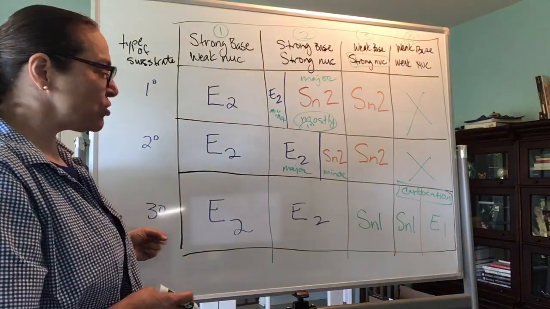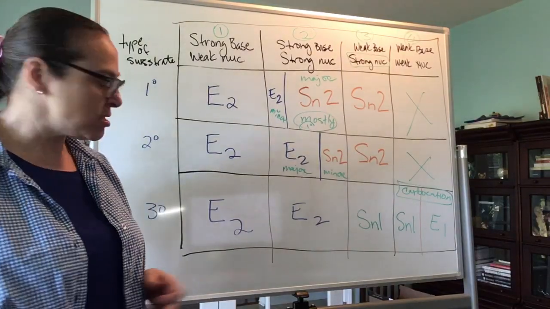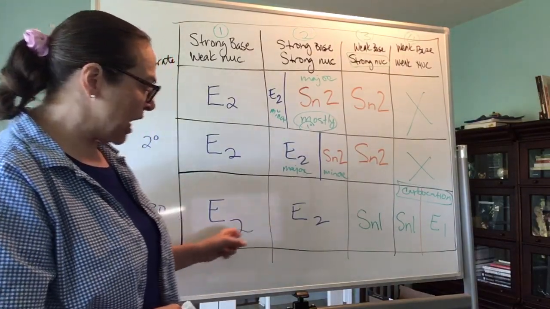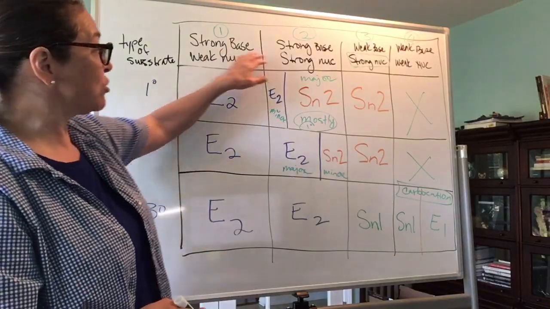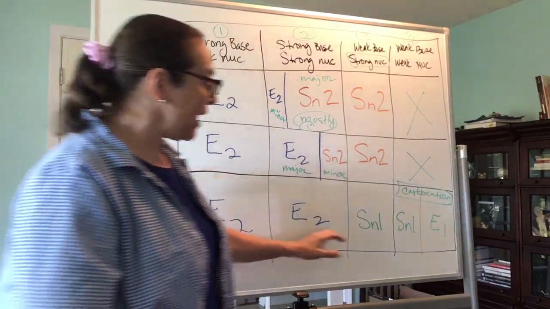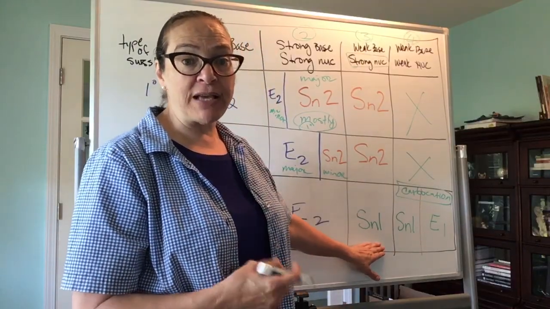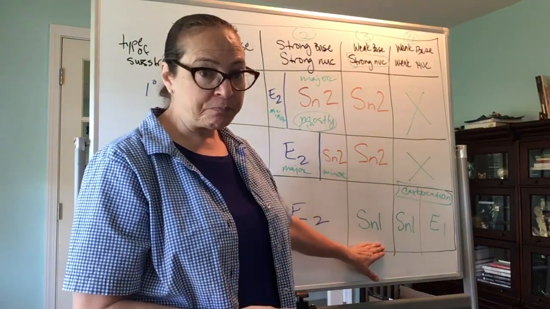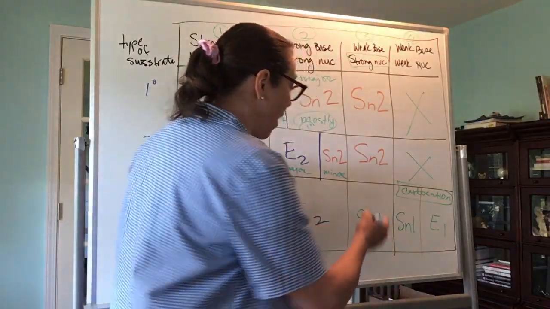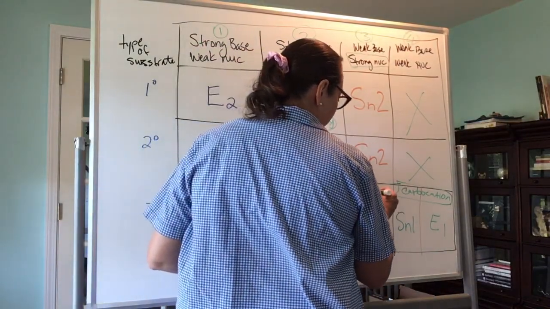But with tertiaries, you cannot do Sn2 reactions. You can only do E2 reactions, which are preferred if you have a strong base. But if you don't have a strong base, then you're going to do a mixture of Sn1 or E1. All of these require the formation of a carbocation.